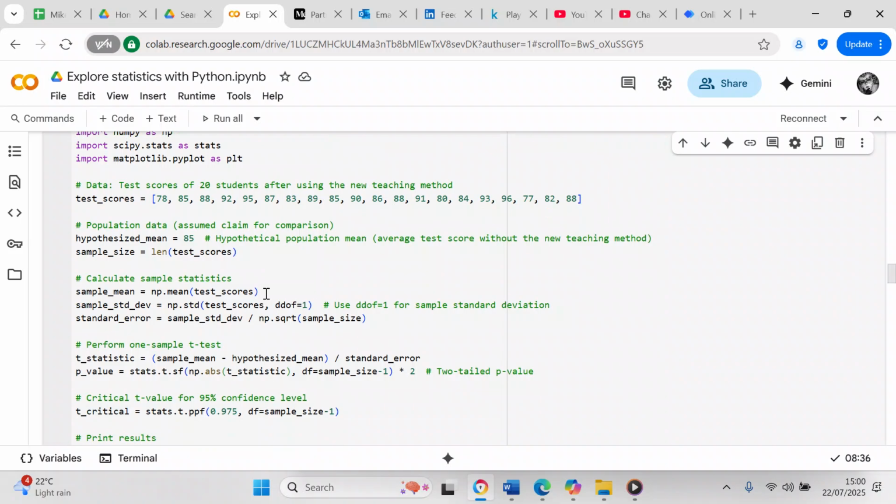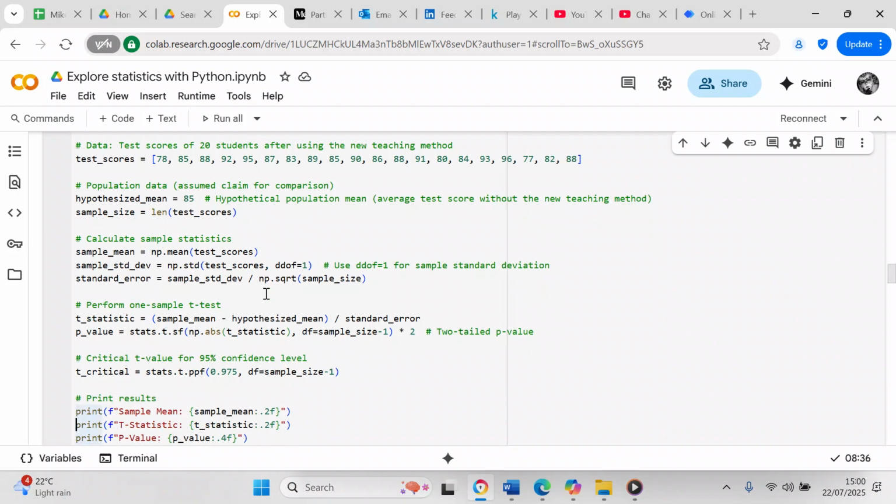Because it's a two-tailed test, it's going to be 0.025, which is half of 5%. So that's where you get 0.975, and it's going to be half of 5% on each side.